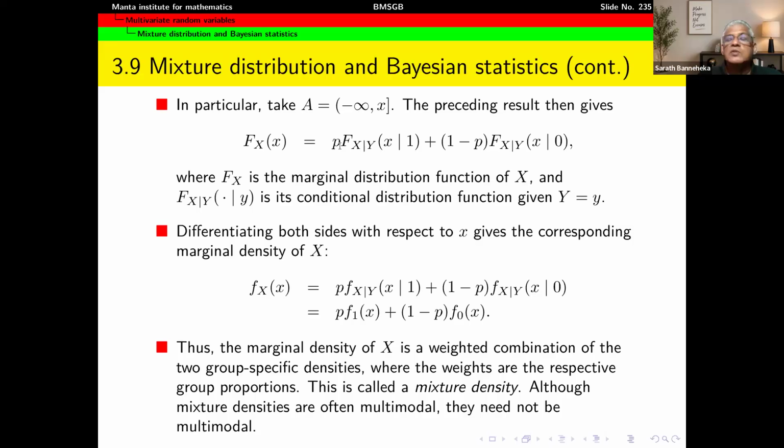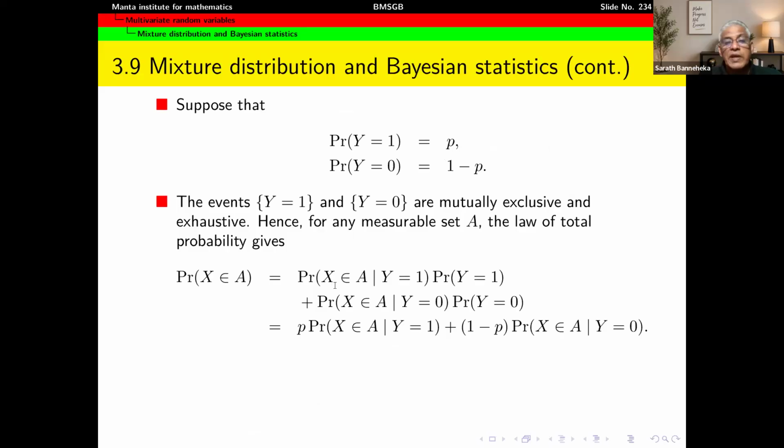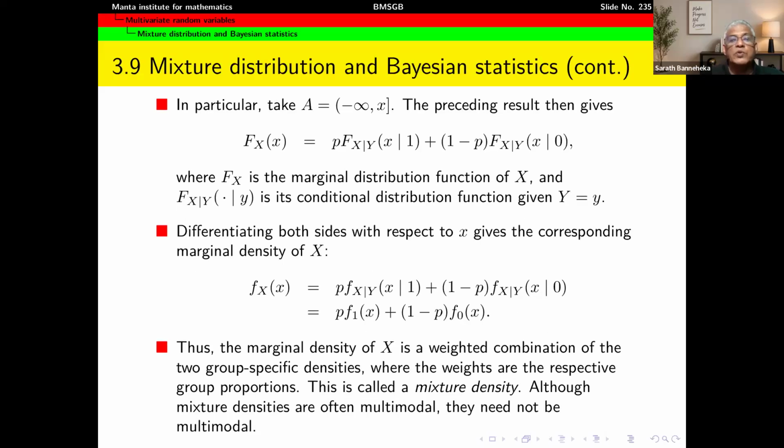And that can be written as p times the probability X is less than or equal to small x given Y equals 1. So that is the conditional cumulative distribution function of X given Y equals 1. And similarly, the other term, 1 minus p times the conditional cumulative distribution function of X given Y equals 0. So that is clear, I hope.